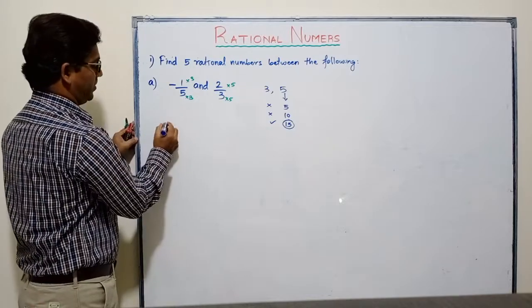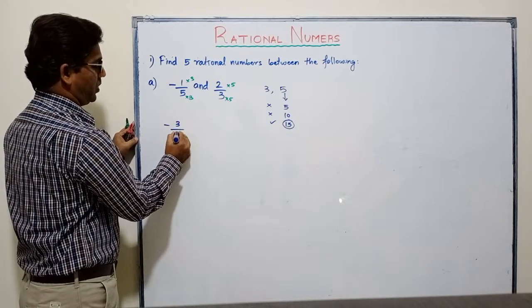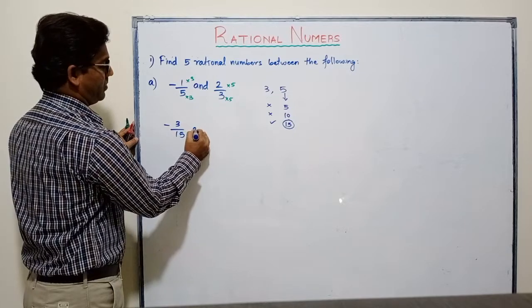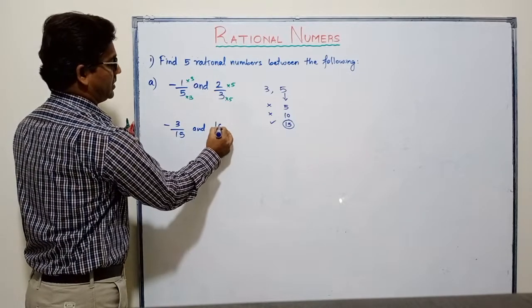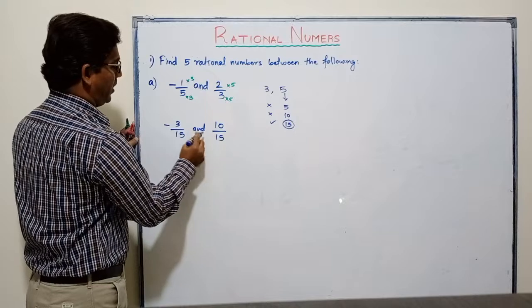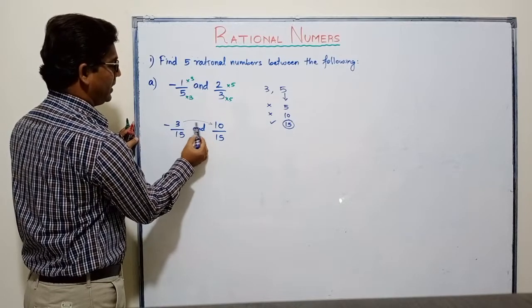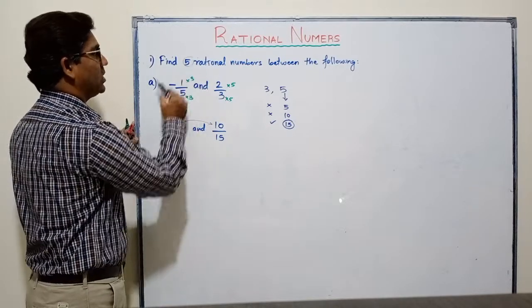So, I get here minus 3 over 15 and 2 times 5 is 10 by 15. Now, if you see here between minus 3 and 10, you have 5 rational numbers.